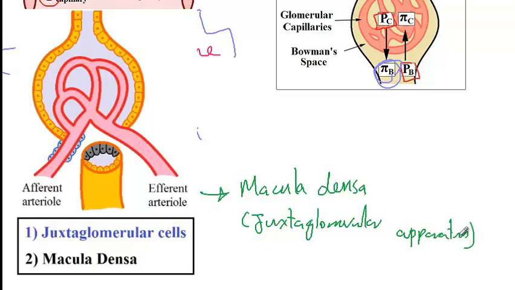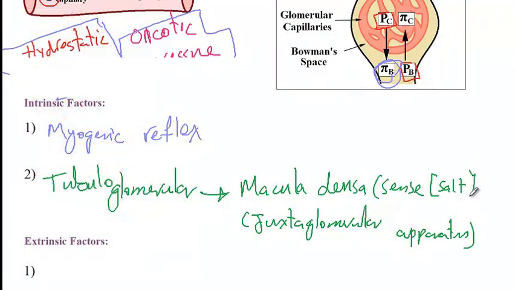And these specialized cells will sense elevation in the salt concentration of the filtrate. So they would sense salt concentration within the filtrate, and consequently release chemicals that will constrict the afferent arteriole. So therefore, by constricting the afferent arteriole, there would be reduced blood flow, and consequently there would be decreased volume of filtrate that would enter the kidneys.